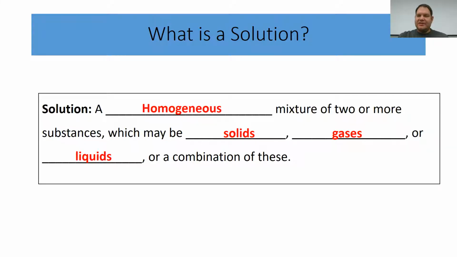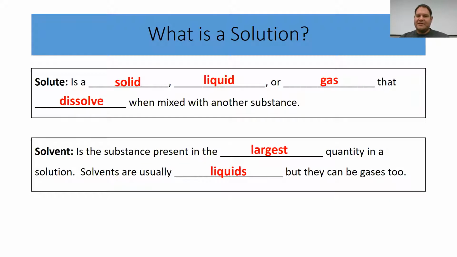Now, every solution is made up of 2 parts. The 2 parts here are listed and defined. There is the solute, which by definition is a solid, liquid, or gas that dissolved when mixed with other substances.